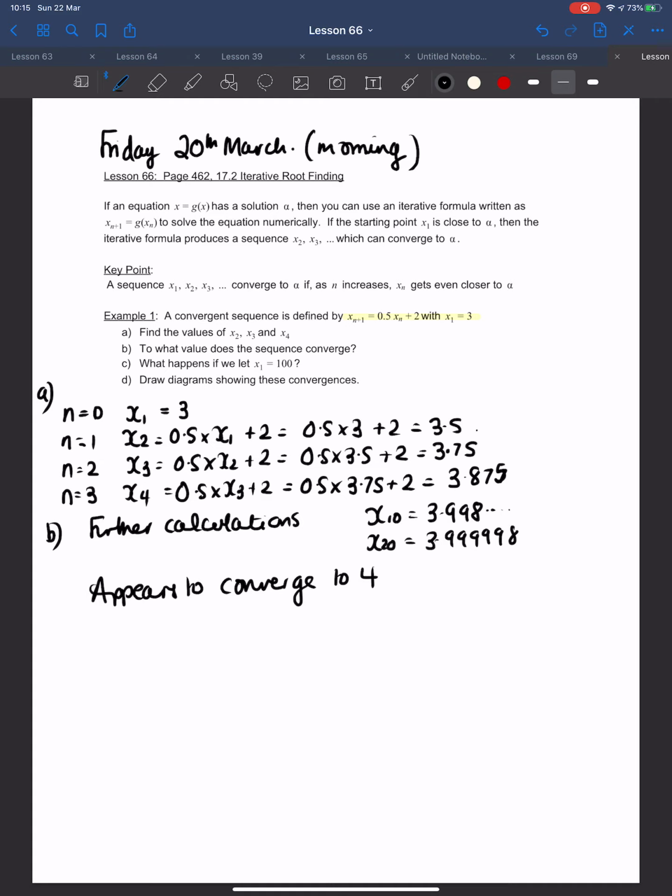To check if it's 4, if we say, if it is 4, then x_(n+1) is 0.5 x_n plus 2. If it converges to 4, if we've got 4 here and 4 here, it should be the same if it's converged to it.